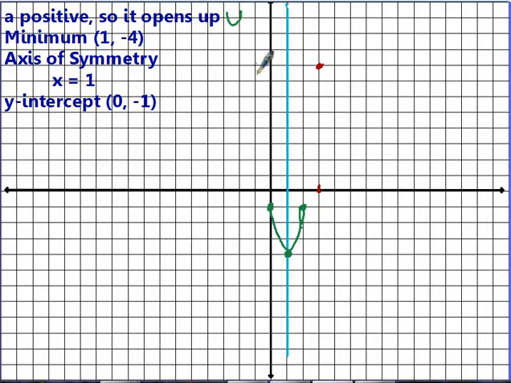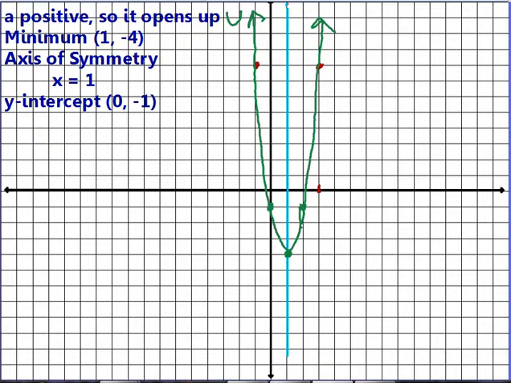Remember, because of my axis of symmetry, I can mirror that point to the other side. And now, super excuse my bad drawing skills, but now I know my parabola is going to look something like this.